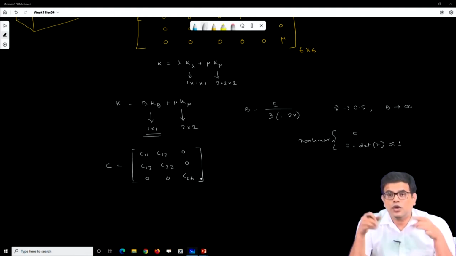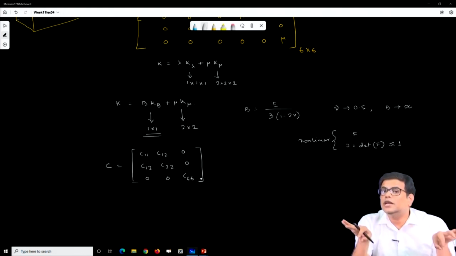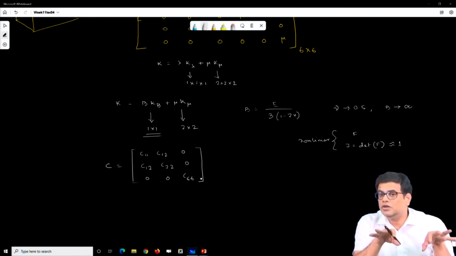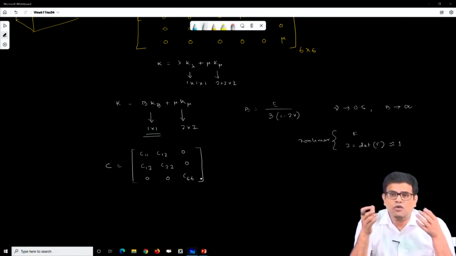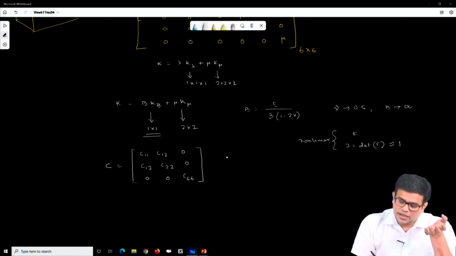So here applying selective reduced integration will not be beneficial, because we cannot separate it out, we cannot take lambda out as a constant, because you have E1 and E2 in 2 directions. That means you have material parameters E1, E2, then mu12 and G12.